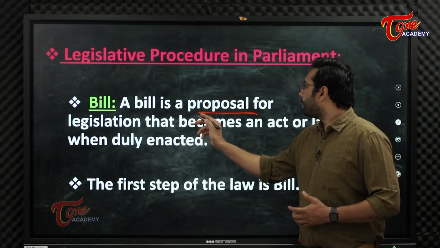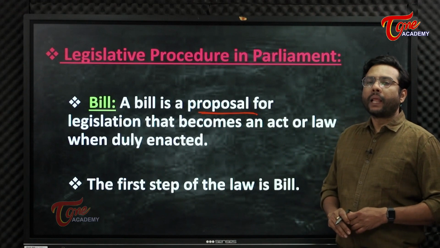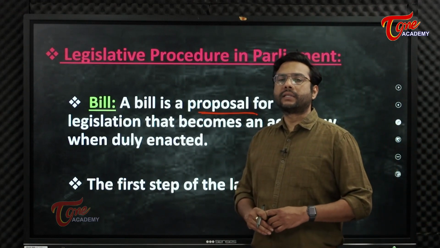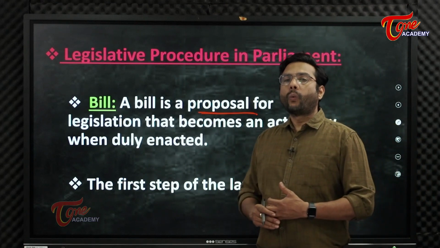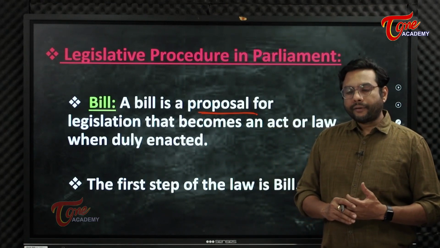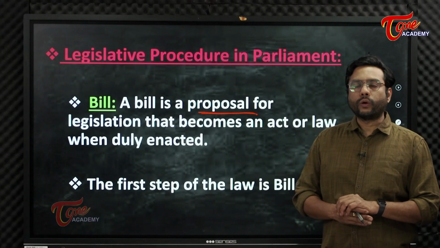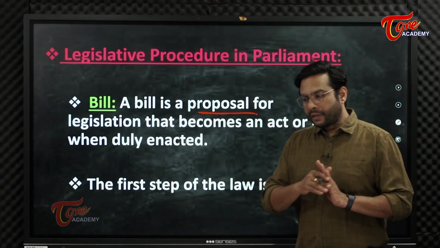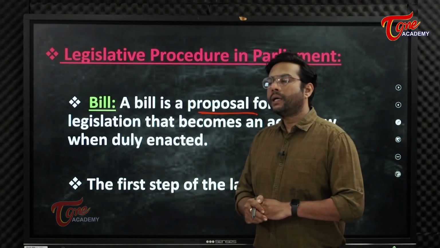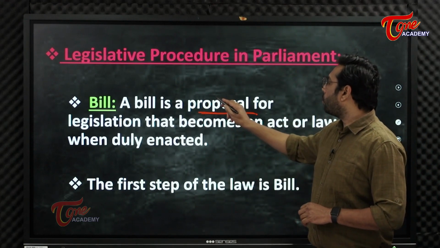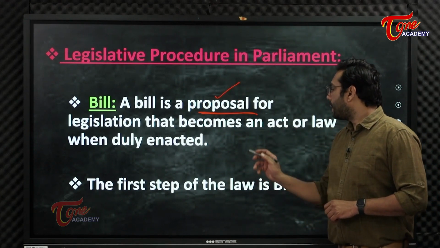So a bill is a proposal for legislation. A bill in itself is not a legislation, but it's a proposal. It's a primary draft which, if it passes all those procedures, will become a law. So a bill is a proposal for legislation that becomes an act.